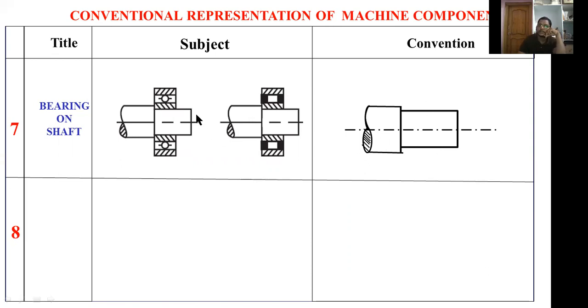For easy representation I am drawing a small rectangle box, then I am drawing diagonal lines. The same I am repeating here also. So these two rectangle boxes with crossed lines represent a bearing on a shaft. This is the conventional representation of a bearing on a shaft.